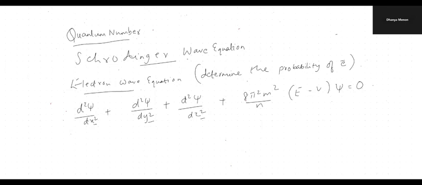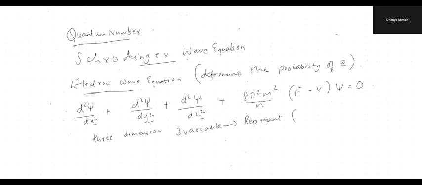The electron can be anywhere in 3 dimensions, and these 3 variables x, y, and z represent the 3 dimensions where you can locate an electron. Now, what does this represent?